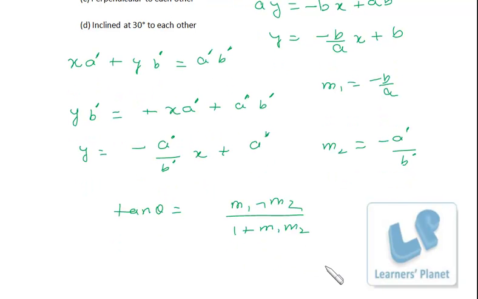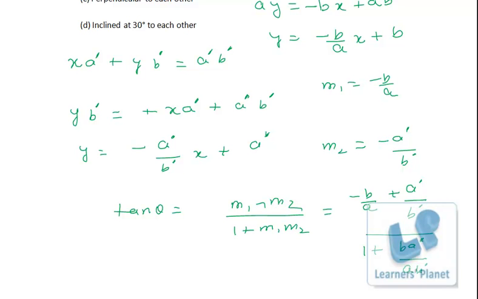The angle between two lines is given by m1 minus m2 upon 1 plus m1 m2. So I put the values of m1 and m2 over here. It is minus B by A minus of minus, so it will be plus A dash by B dash, upon 1 plus m1 m2, which is 1 plus BA dash by AB dash.